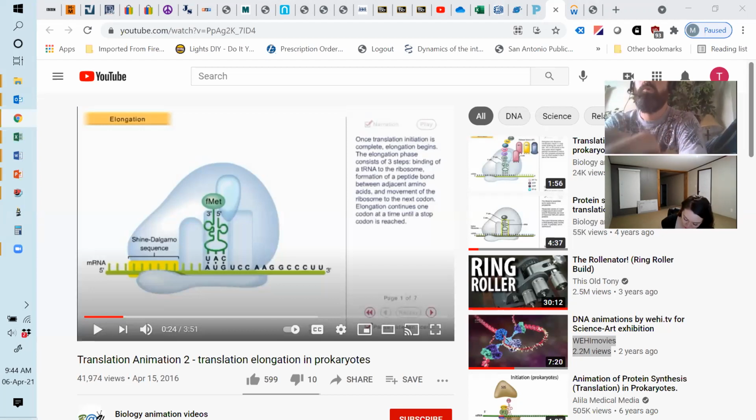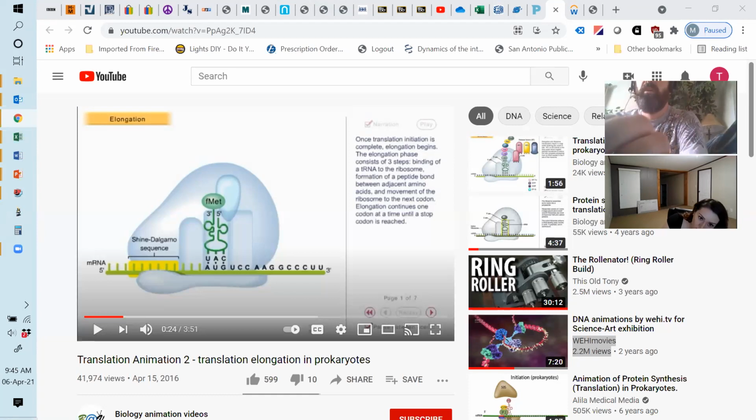A peptide bond, I'm writing this in the chat box just so that you have a record of this, is formed between the removed amino acid and the, I hate writing out amino acids, I always just put AAs, on the new tRNA in the A site.